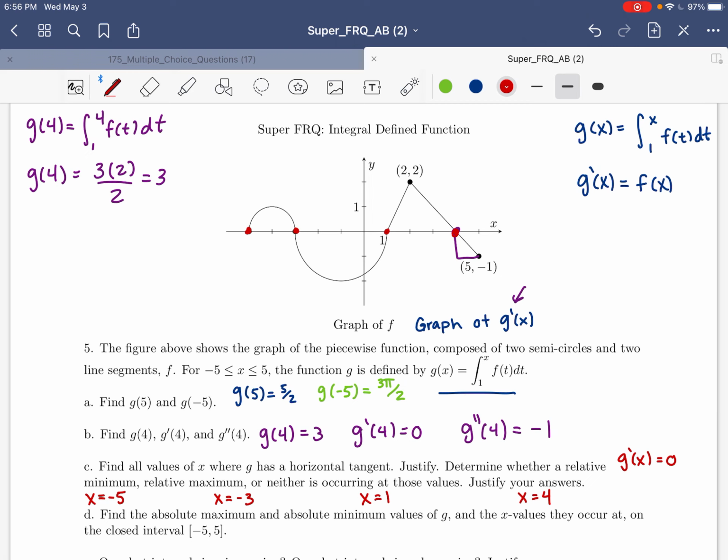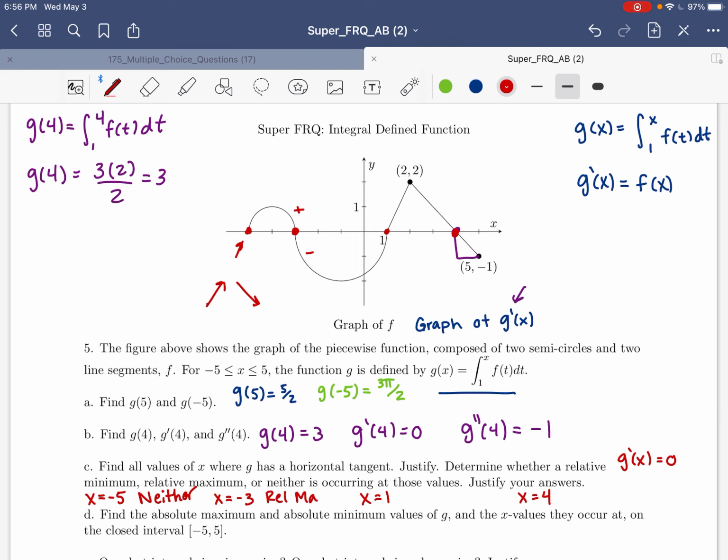Then we need to say if it's a relative min, relative max, or neither. So this is all going to depend on if it's changing from negative to positive or positive to negative. So at x equals -5, notice we don't know what's happening to the left at this point, so we're going to say neither. X equals -3, changing from positive values to negative values, which means g is going to be changing from increasing to decreasing.